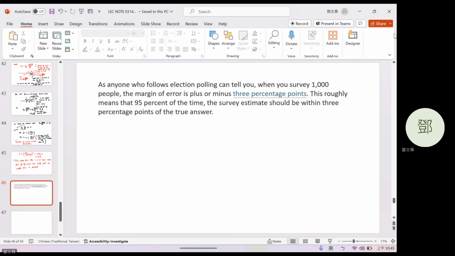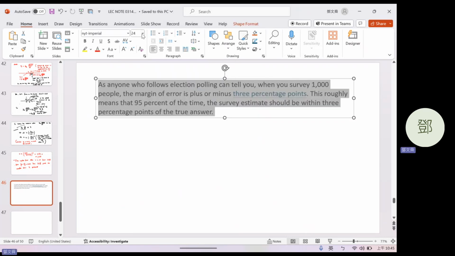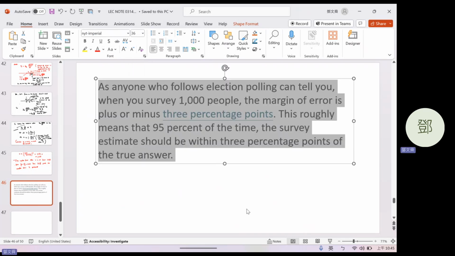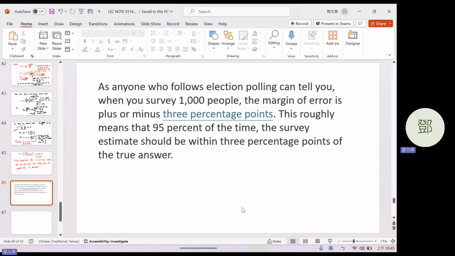Okay, look at this, bigger. As anyone who follows election polling can tell you, when you survey 1,000 people, to be more precise, it should be 1,067 or 1,068.